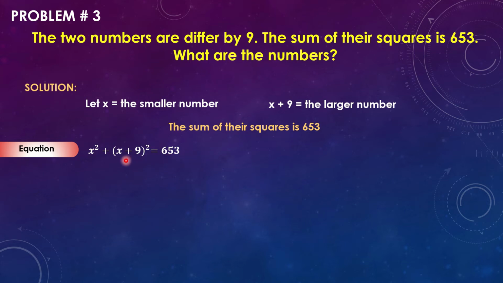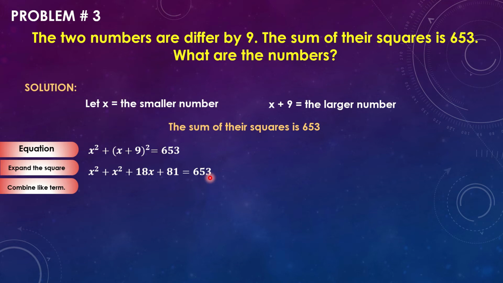Let us expand the squares here by using the FOIL method. So we have x squared plus x squared plus 18x plus 81 is equal to 653.